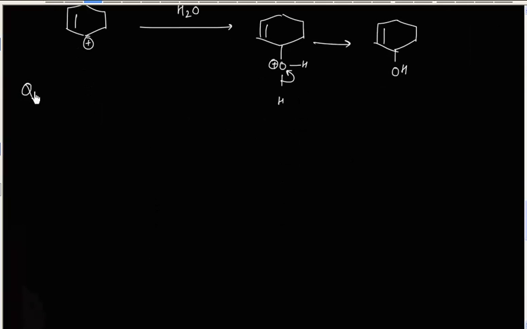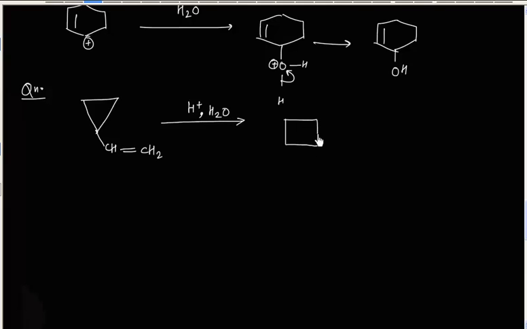Now let us try this problem. So this is mechanism based problem. Now when this alkene is treated with H plus in the presence of H2O, this alcohol is the final product.